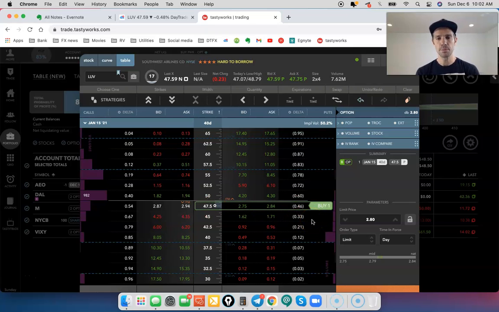So calls are how we make money when we think a stock is going to go up, and then it ultimately does go up. And put contracts are what we do when we think a stock is going to go down, and then of course it does go down, right? So if you buy a put and a stock goes down, you make money. If you buy a call and a stock goes up, you make money. So these are kind of the very, very basics of option trading.